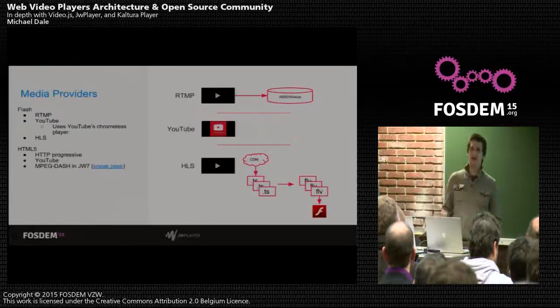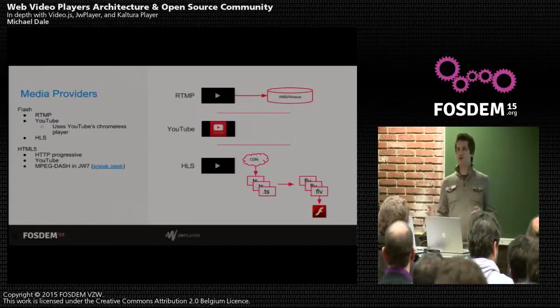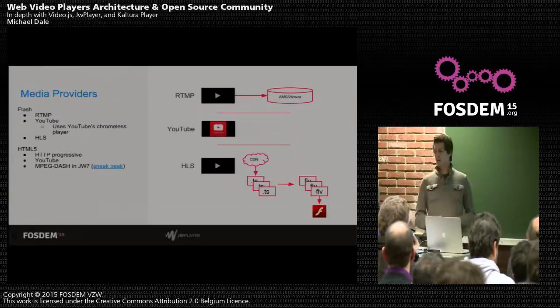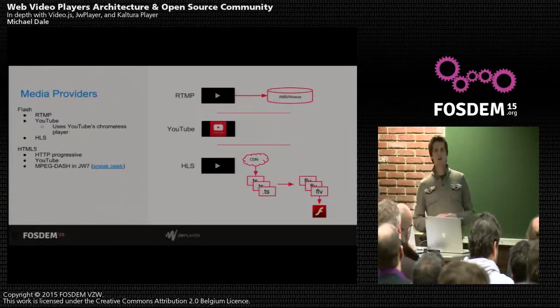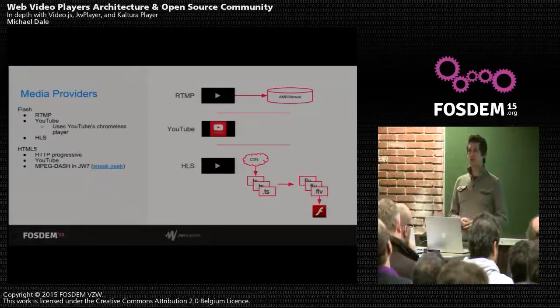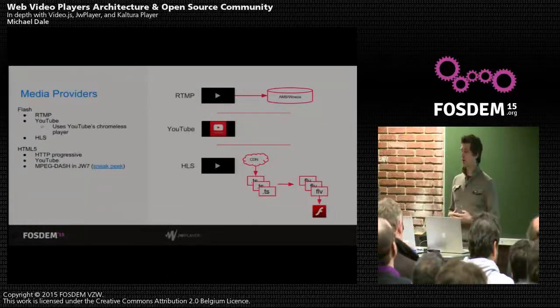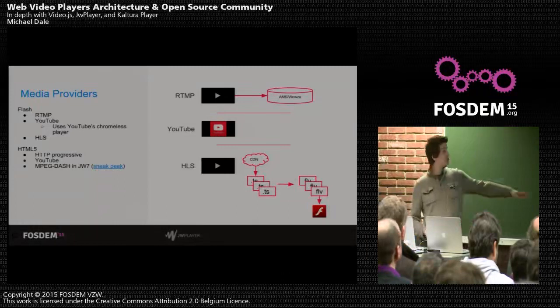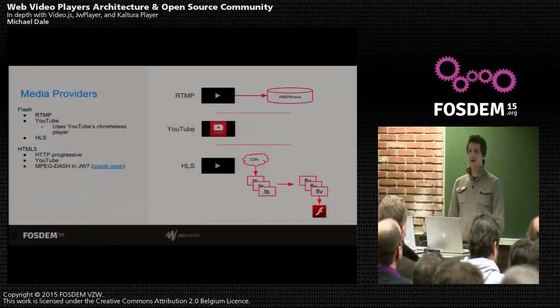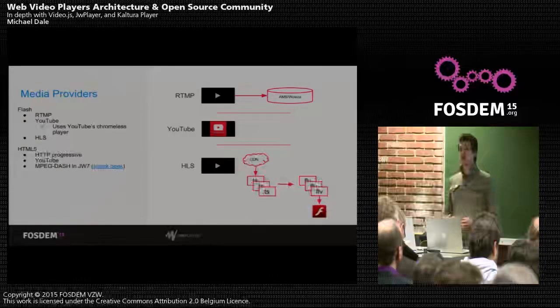Some examples of media providers: RTMP, for those of you who are familiar with Flash Video. It's a legacy streaming format, still fairly popular with the CDNs, although we're seeing much less adoption as users move to HLS. So we have an HLS implementation for adaptive streaming.